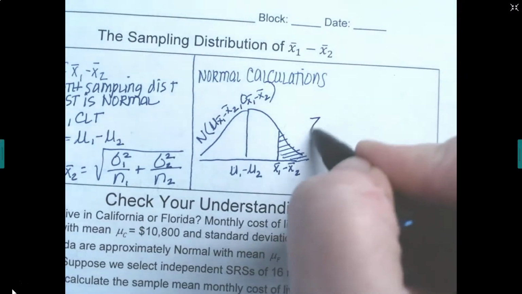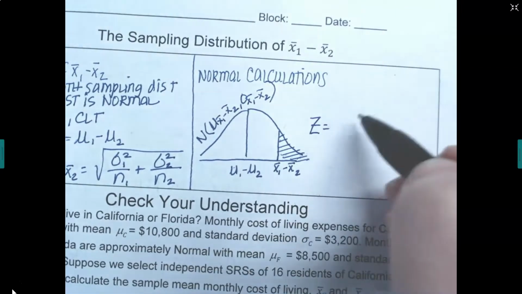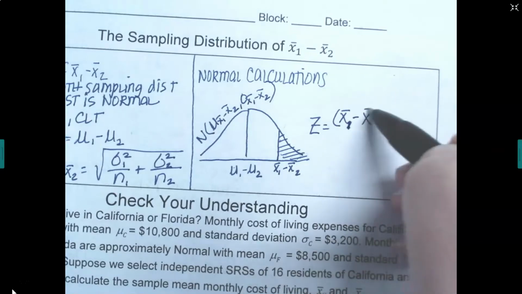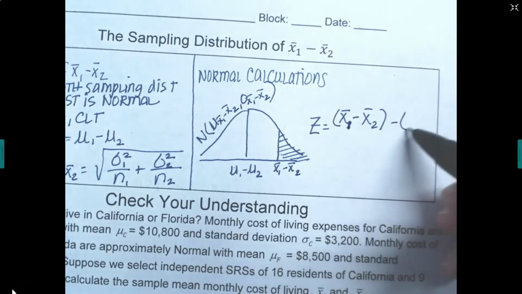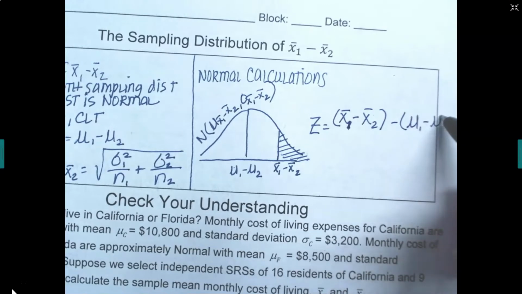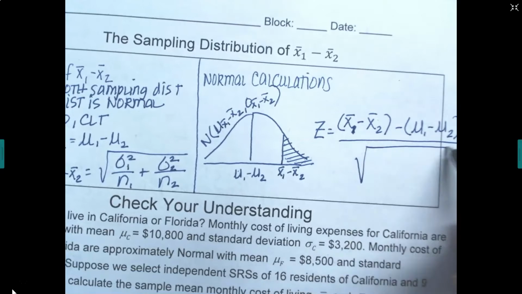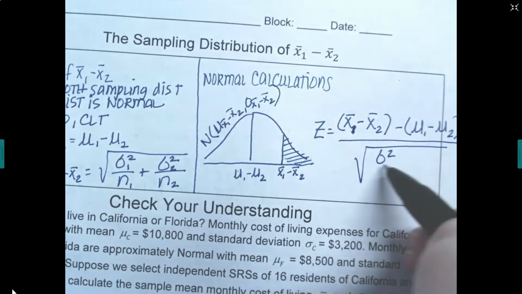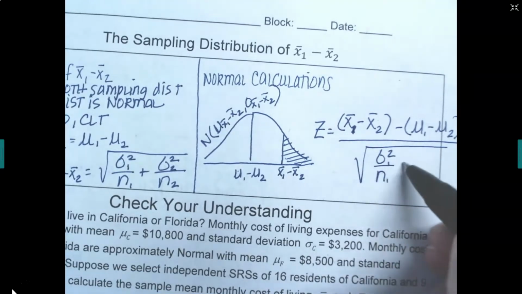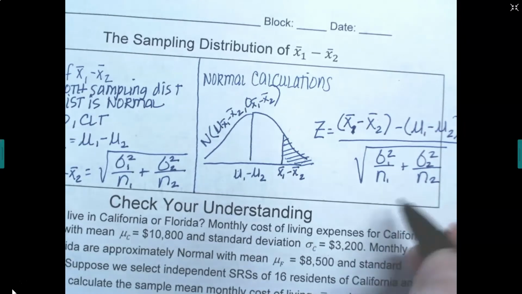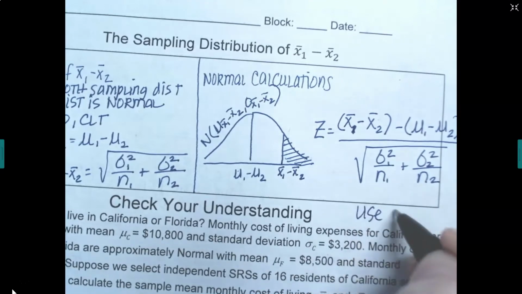And then our z-score, the numbers come from the first number as you take the two sample means, x bar 1 minus x bar 2, minus the difference in the population means, divided by your standard deviation, okay, and then use table A.